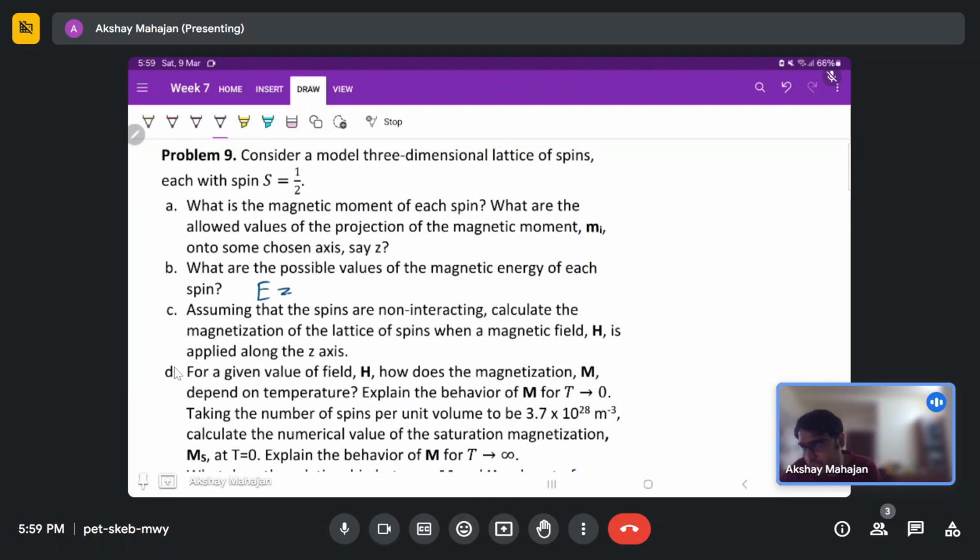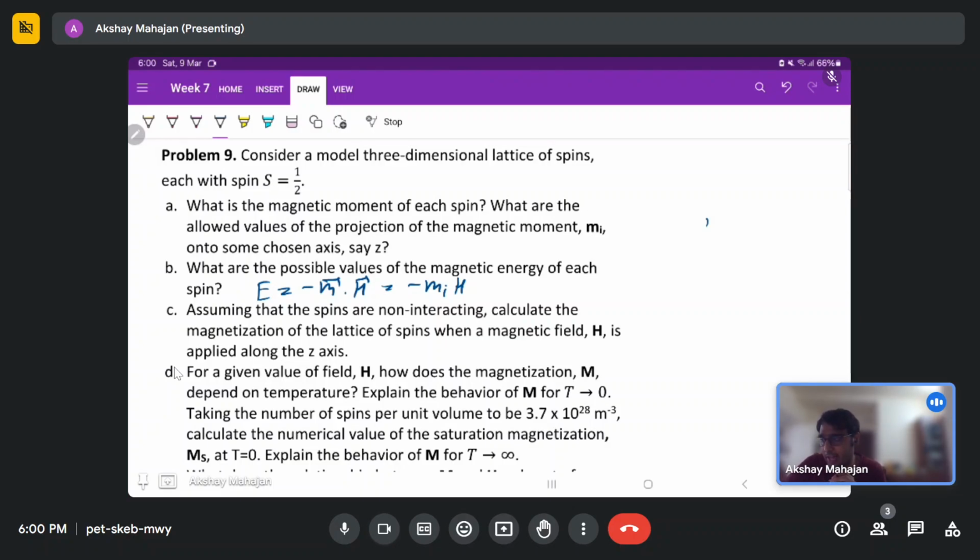As we have seen, it is given by minus m vector dot H vector, and m vector dot H will be just equal to minus mi times H, as we have done, I guess, in the starting problem of this session today. So it is given by minus mi times H, and then mi has two possible values depending on m_s, which is plus minus half. Accordingly you can find the possible values for the magnetic energy.